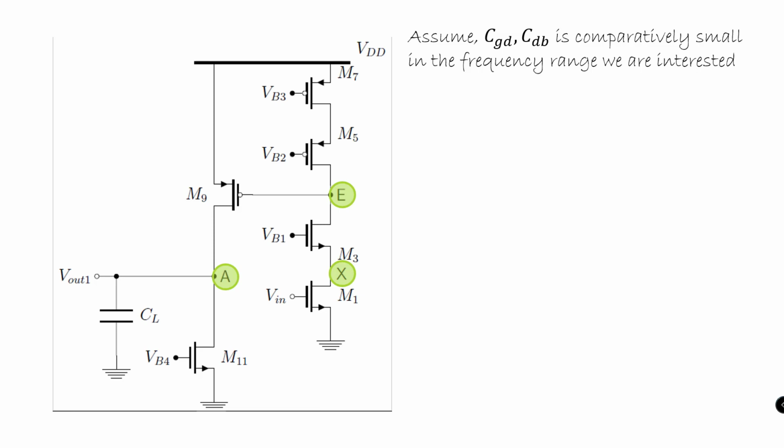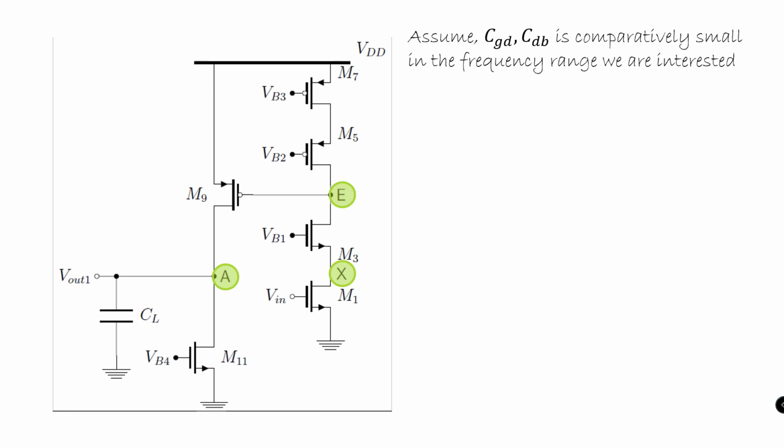So with respect to node X, we have the corresponding values of Cx and Rx as shown here. And once we have the node capacitance and resistance, it becomes easy for us to evaluate the node pole, which is defined as Gm3 divided by Cx.